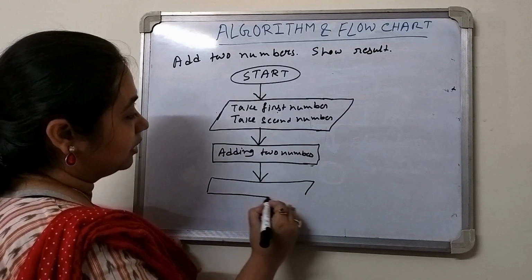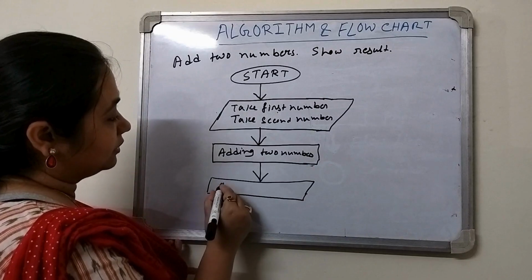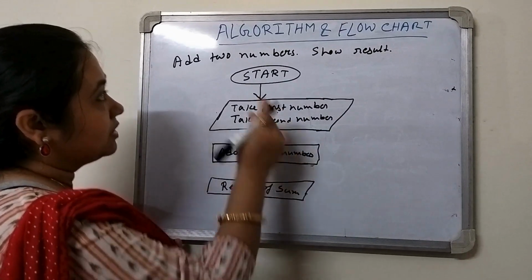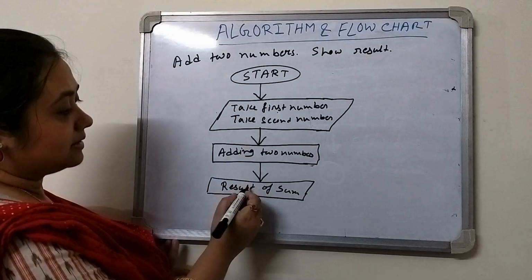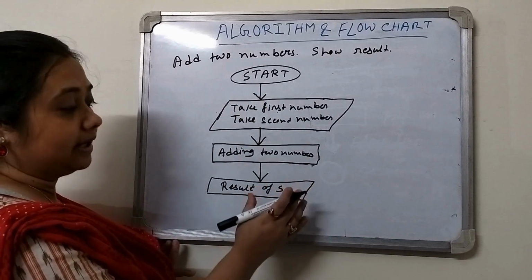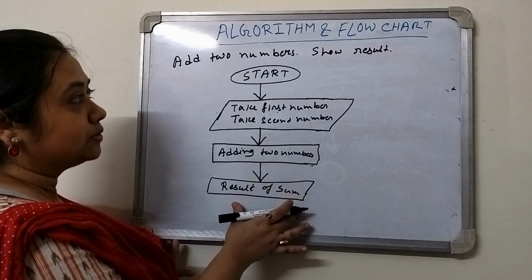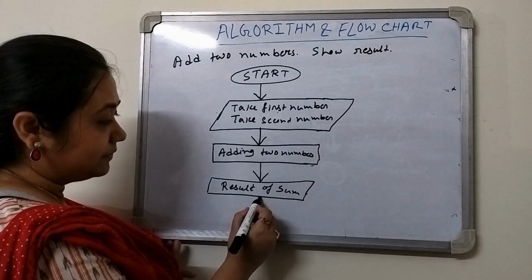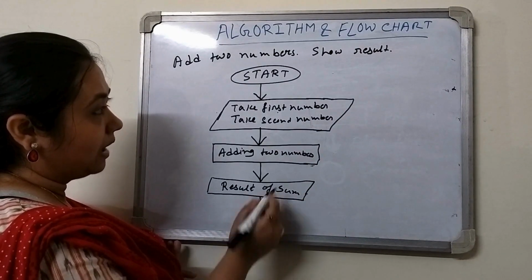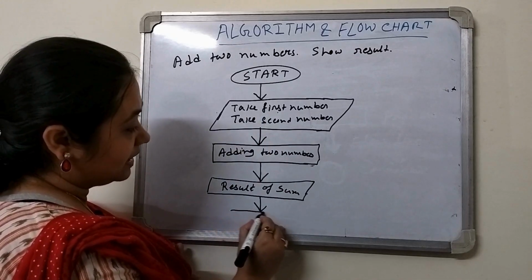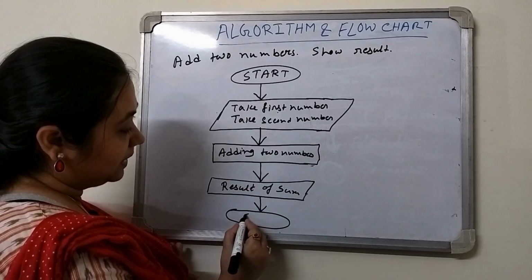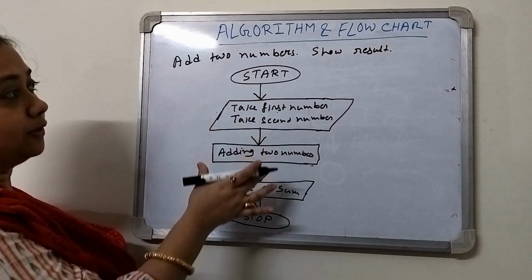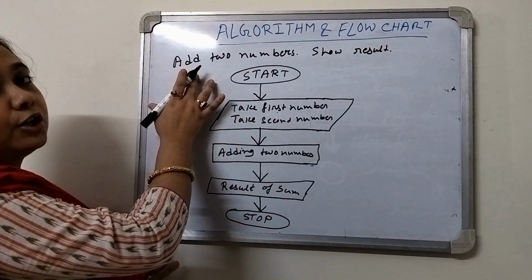What we write is the result of the sum, or we can write the result of the addition, anything we can write. That is the output. So start, then input, process, output, and after that our program will be completed. So that is again the oval shape, which is the stop. So this is the flowchart of the addition of two numbers.